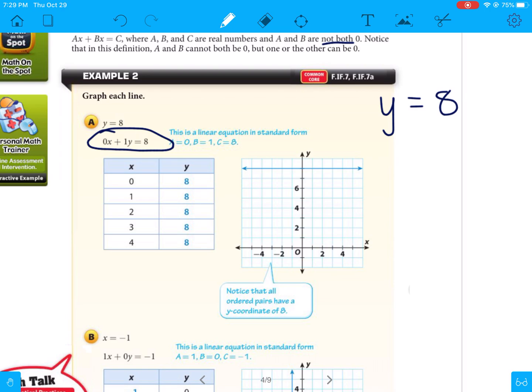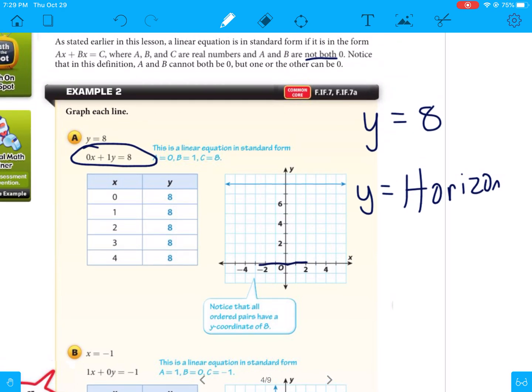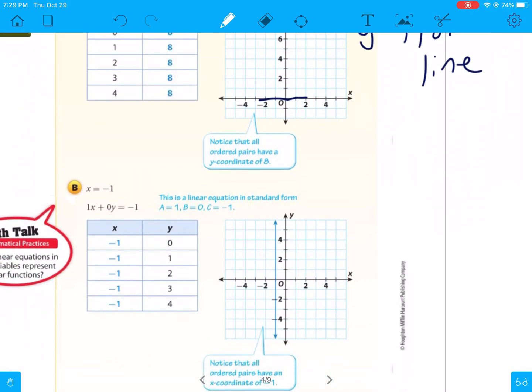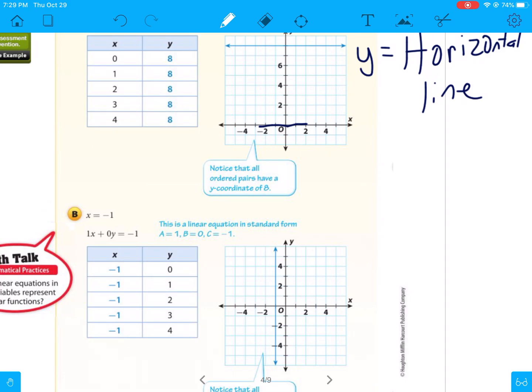No matter what number you put in for x, if you go to the right or to the left, it doesn't matter which way you go, your y is always going to be 8. So if you have a y equals, it's a horizontal line. Now, if you have an x equals, it's a vertical line.